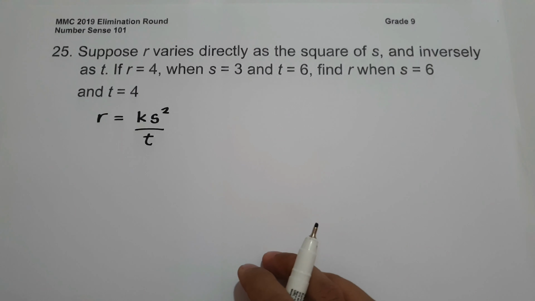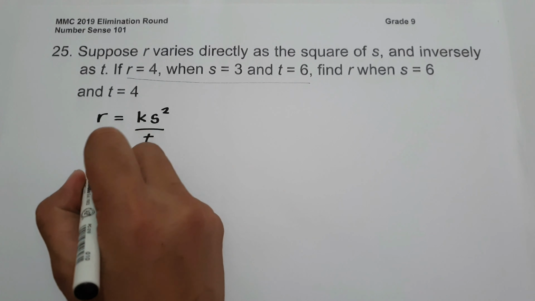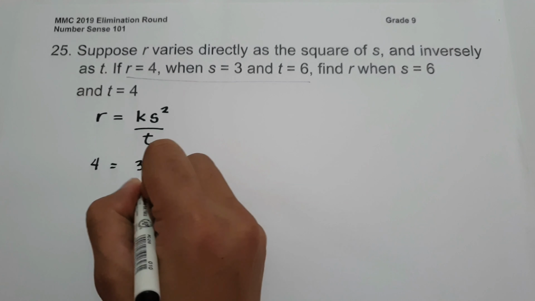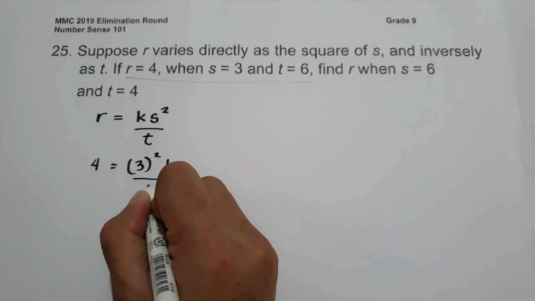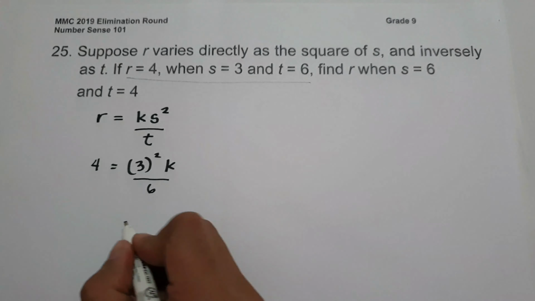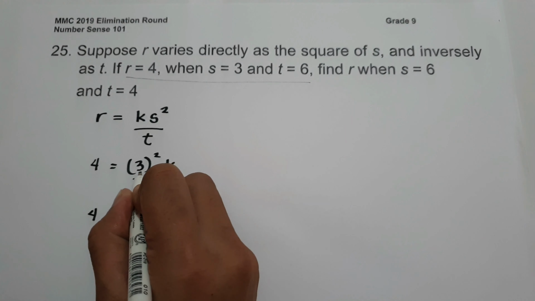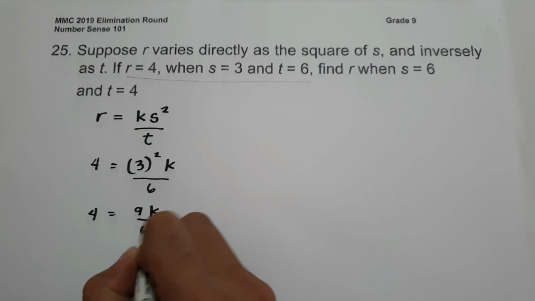So let us find first the value of k using the first set of given. So r will be 4, and then s will be 3, that is 3 squared, and then k over t, that is 6. So let us have 4 equals 3 squared, that is 9, k over 6.